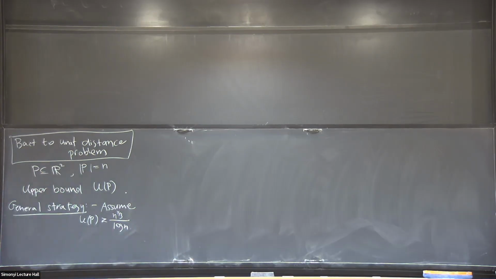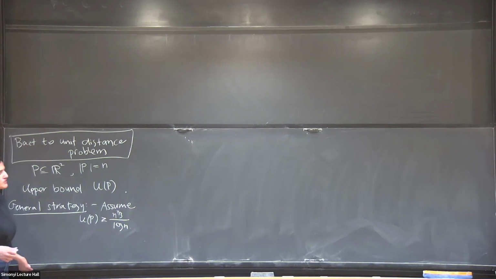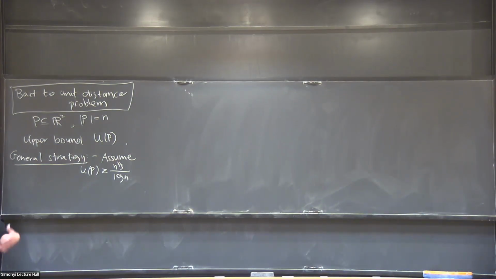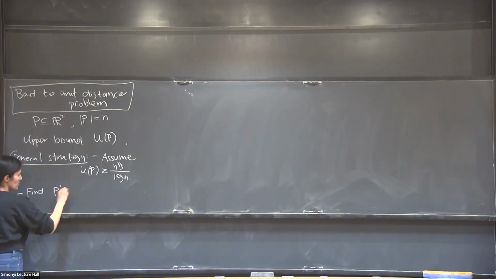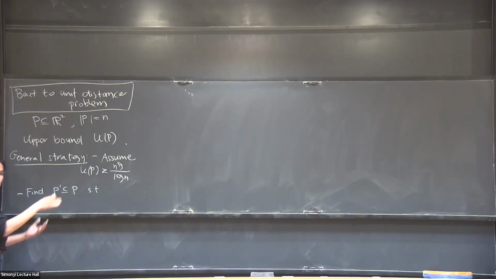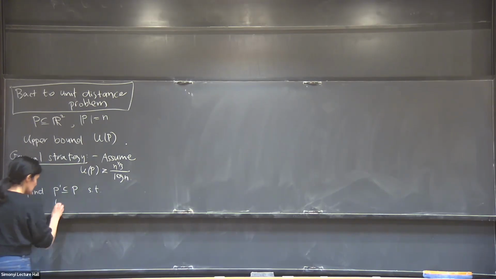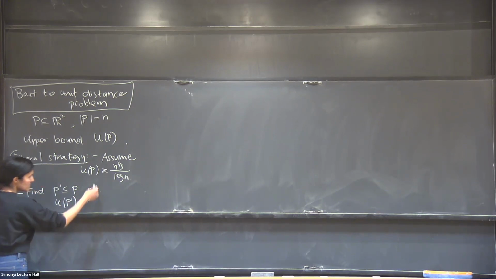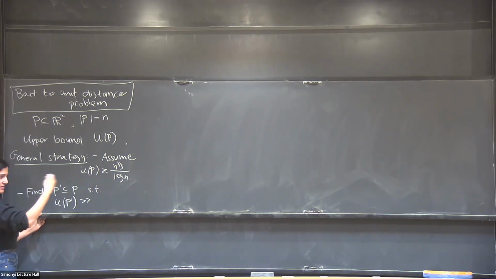And we want to reach a contradiction. So how will we get a contradiction? Maybe we can find some subset P prime such that if you restrict to this subset, you have too many unit distances there, such that the number of unit distances in P prime is more than the known upper bound.